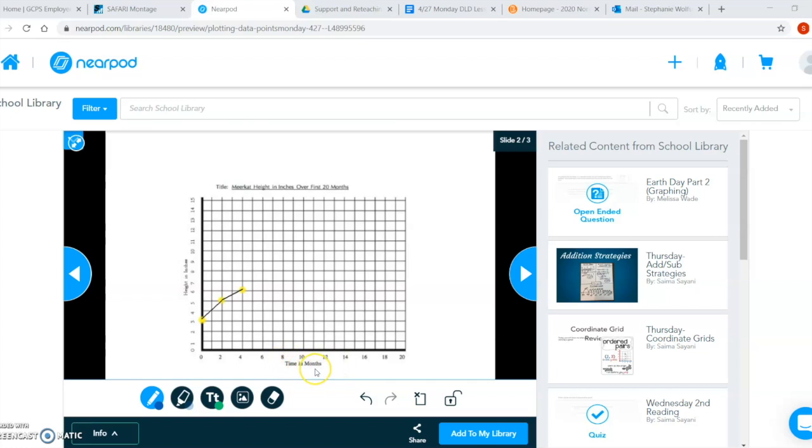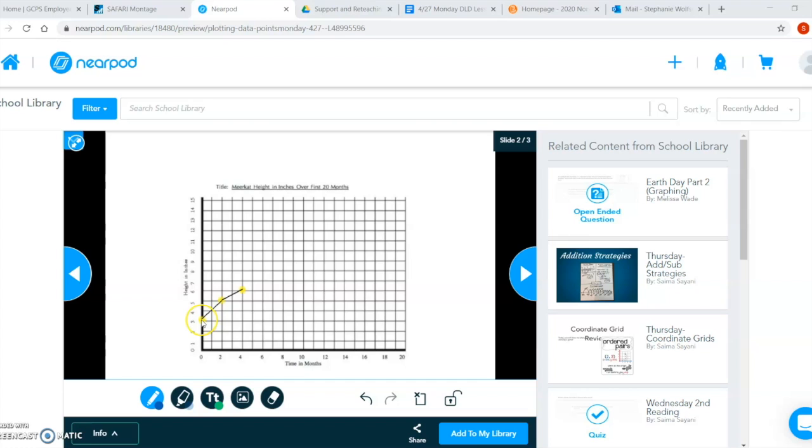And this is time in months. So it goes from 0 when it's born up to 20 months. And on our y-axis, which goes up in the coordinate grid, is height in inches. So again, when it's born, it's starting down here at 0, and all the way up to 15 inches.